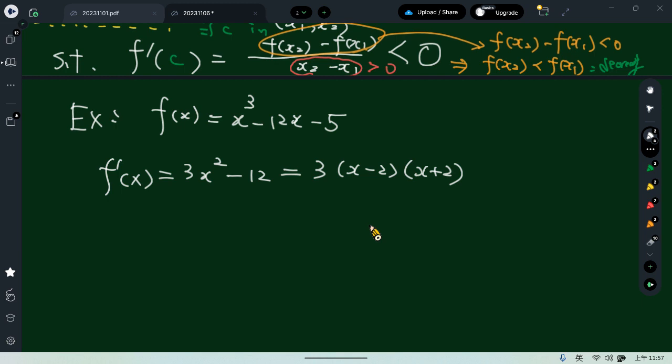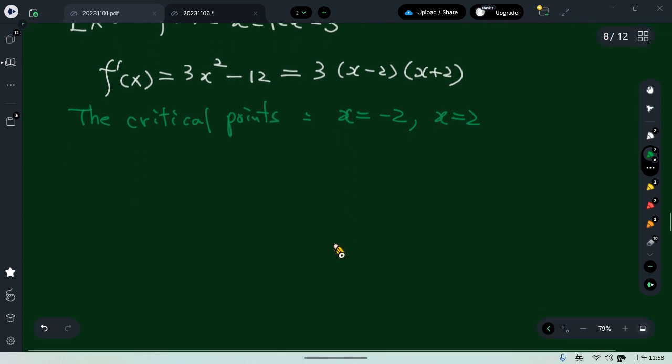So in this case, x is equal to 2 or x is equal to negative 2. Based on this, the critical points will be x equal to negative 2 or x equal to 2.